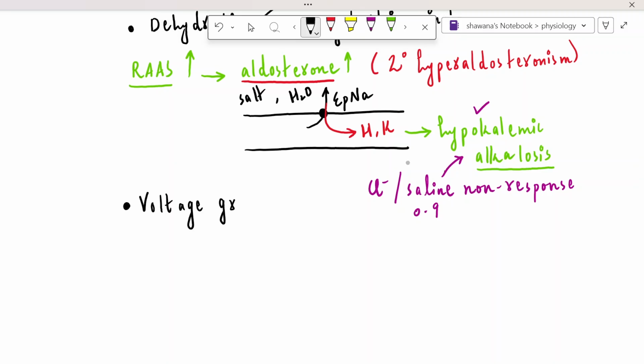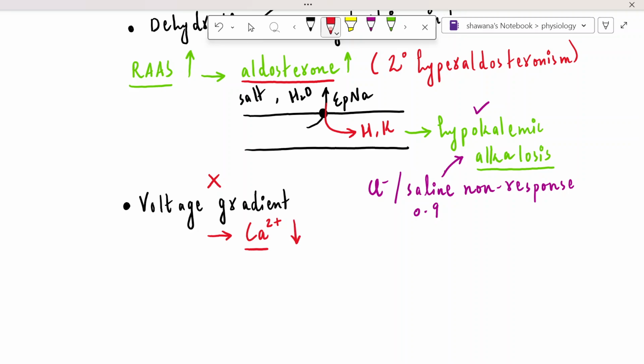And this voltage gradient is used for the reabsorption of calcium, and it's very important. But in case the channels are defective, can the voltage gradient be created? No, the voltage gradient is not there, so calcium reabsorption is decreased or inhibited.